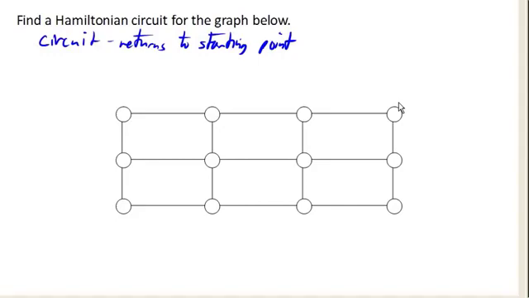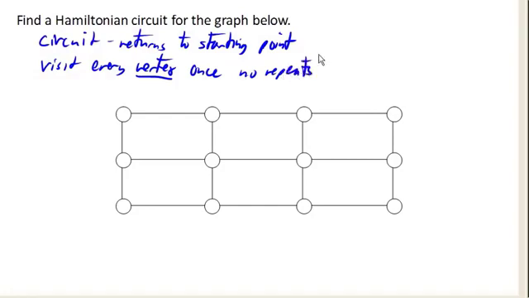Hamiltonian circuit is different. In this case, we want to visit every vertex once with no repeats.